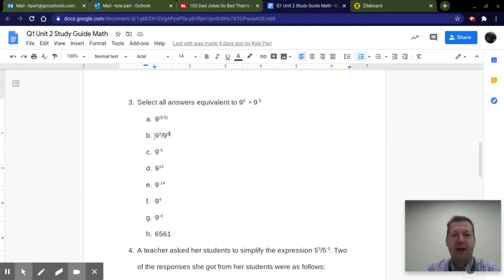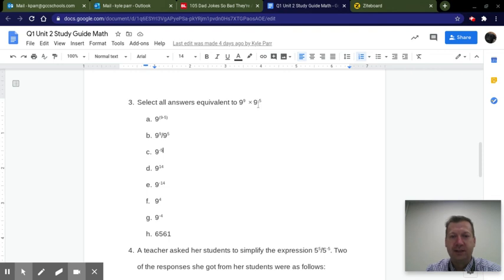This right here is a fraction. And when we have fractions that have exponents, we subtract. So again, it would be 9 minus 5, which would give me 9 to the 4th power. So choice B would be correct. This says 9 to the negative 5th. That is not 9 to the 4th power. Notice right here, 9 to the 14th and negative 14th. That's because a lot of people see 9 and 5 and add them together and get 14.